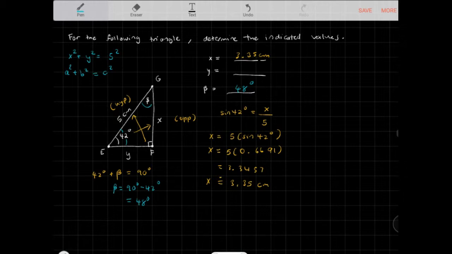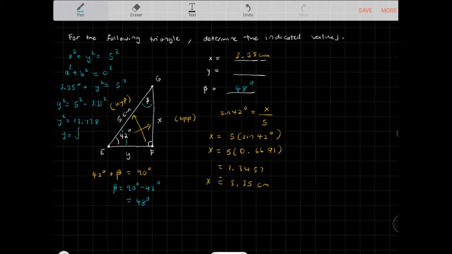In this case, we already solved for x. So 3.35 squared plus y squared, which we were trying to solve for, is equal to 5 squared. So y squared is equal to 5 squared minus 3.35 squared. If I calculate this, I get 25 minus 3.35 squared, which gives us 13.778.